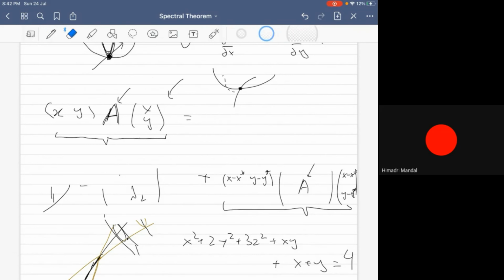This is exactly the normal form, like lambda 1 x tilde squared plus lambda 2 y tilde squared.